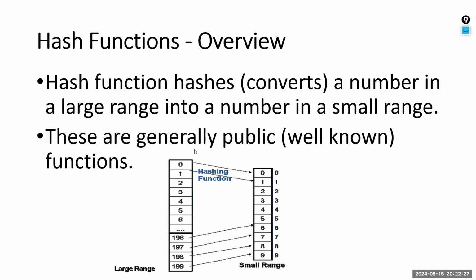Hash function will map a bigger value range to a smaller range, so that small value will represent the bigger value. So that is what we need, right? Bigger thing, smaller thing representing the bigger thing. So that is the idea.